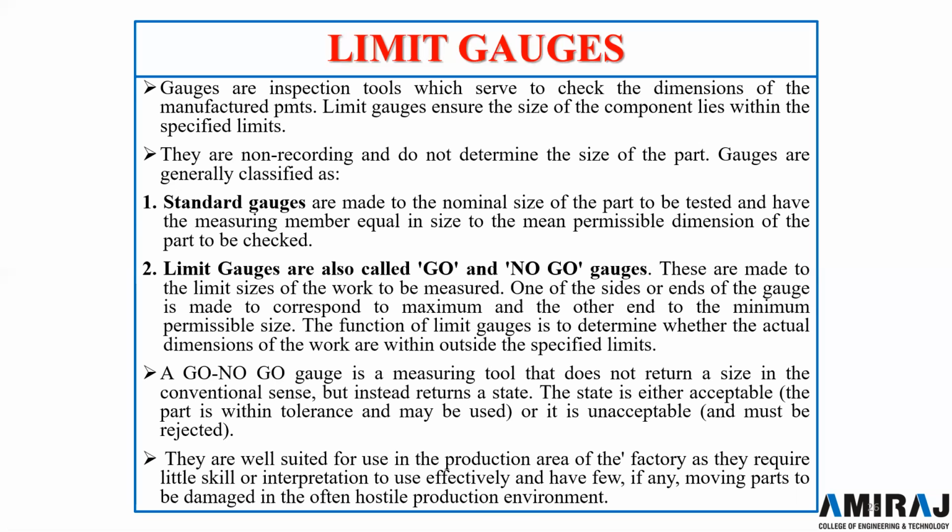So the function of the limit gauges is to determine whether the actual dimension of the work is within or outside the specified limit. A go no go gauge is a measuring tool that does not return a size in the conventional sense but instead returns a state.